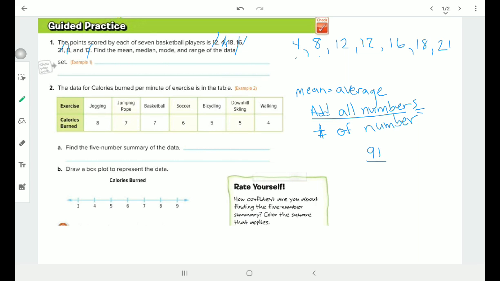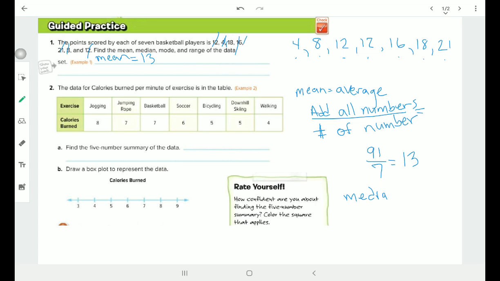So in this case, 1, 2, 3, 4, 5, 6, 7 data points. So 91 divided by 7, and that gives us our average. In this case, it's going to be 13. So the mean of my data set equals 13 points.